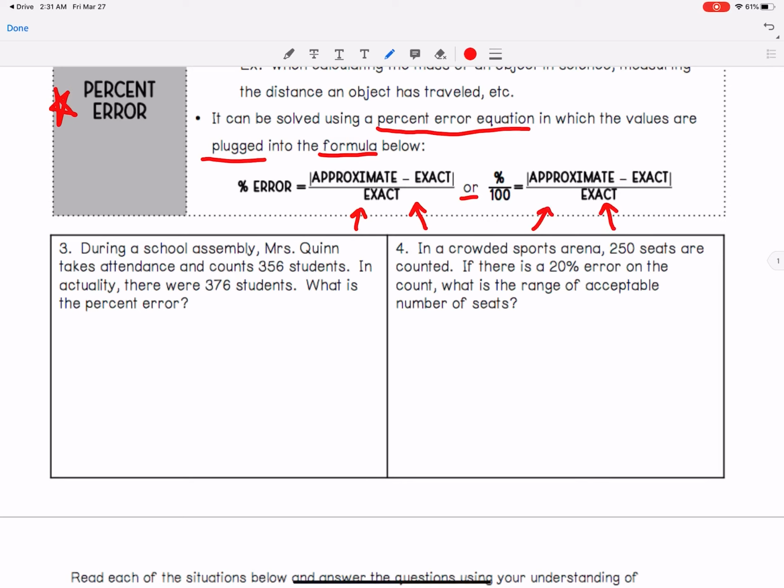Okay, now the next thing that we have to do is set it equal to the percent error, or it will give us a percentage, which is always out of 100.